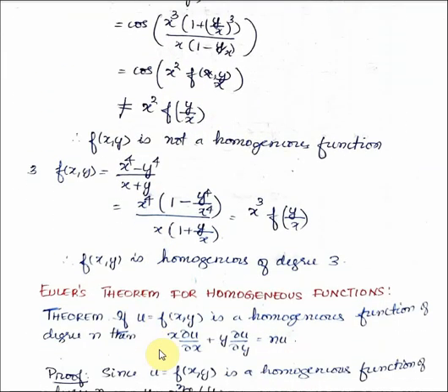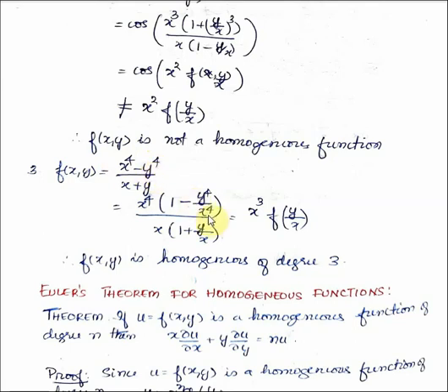The third one is easy to observe: x power 4 minus y power 4 by x plus y. The same trick that we have done in the first problem. Complete x I have to take outside. So if x power 4 I take outside completely, then I have 1 minus y power 4. There was no x power 4 to take outside here, so what I would have done is multiply and divide by x power 4.